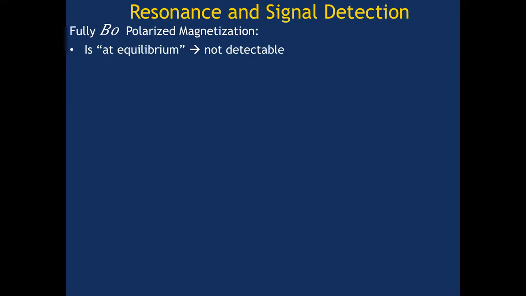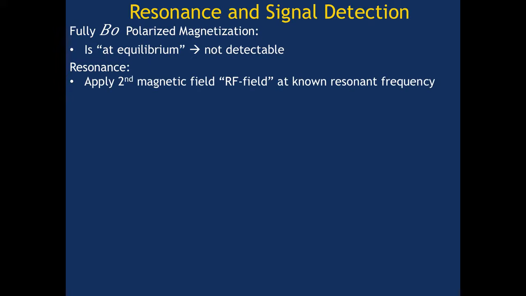Now, it turns out that when that magnetization is pointing with the magnetic field, it's at equilibrium. We cannot detect that signal. What we have to do is apply another magnetic field. It's called a radio frequency field, or an RF field. What's most important about that is that it's oscillating at the exact resonant frequency, the precessional frequency of our spins.